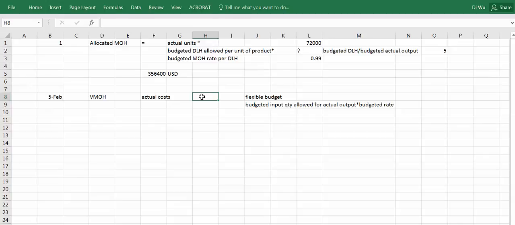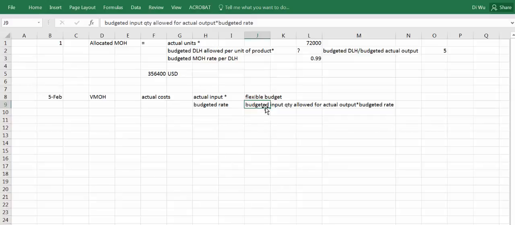For this one, we're looking at the actual input multiplied by the budgeted rates. The difference between the actual input and the budgeted input quantity allowed for actual output is basically the efficiency problem.